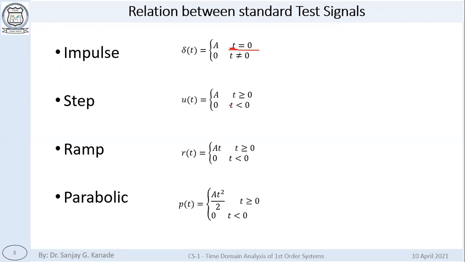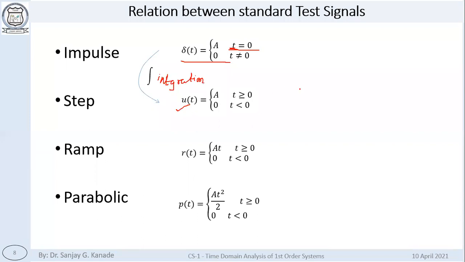Now the relationship. Can you see this? This is the integration sign. If I integrate this signal, I will get this one. Is it right?